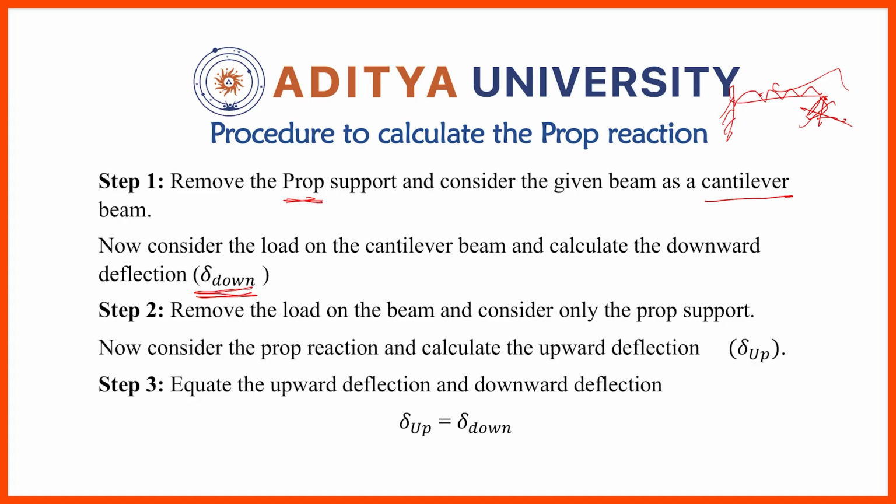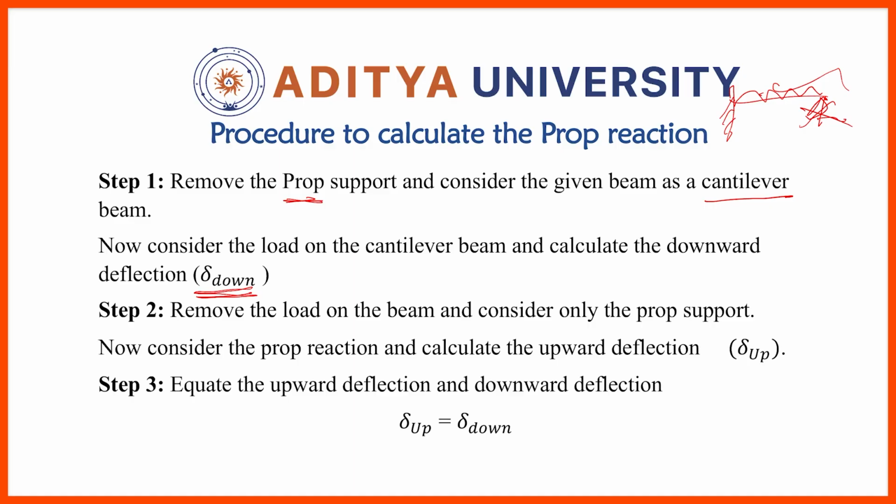What is the second step? I am going to remove the load on the beam and consider only the prop support. So it's vice versa. First, I considered the removal of the prop support; in the second case, I consider the removal of the load and calculate the upward deflection.